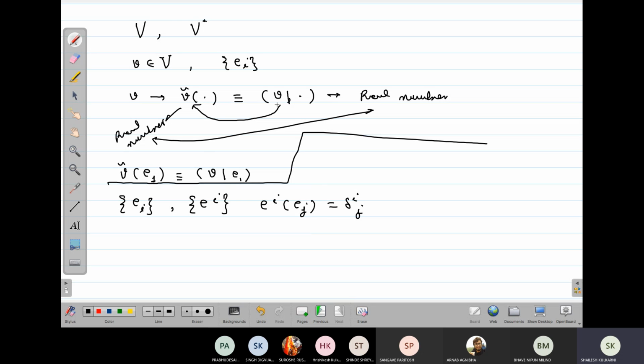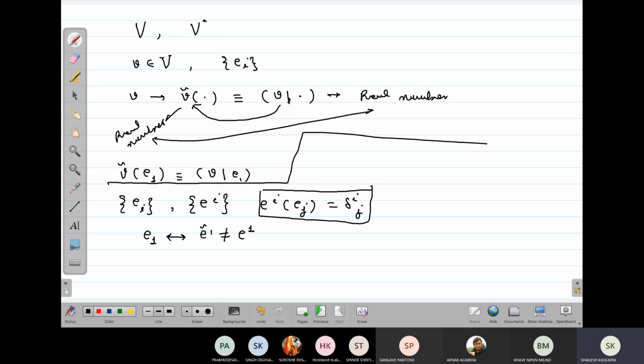But now suppose I consider E1, and corresponding to E1, somebody says that this E1 tilde is my dual basis. What I am saying is that this E1 tilde may not be the same as your e^1, which is defined through this relation.